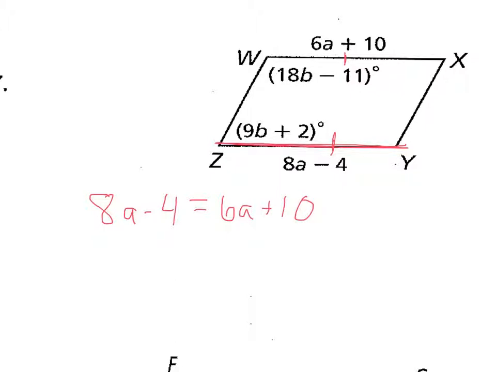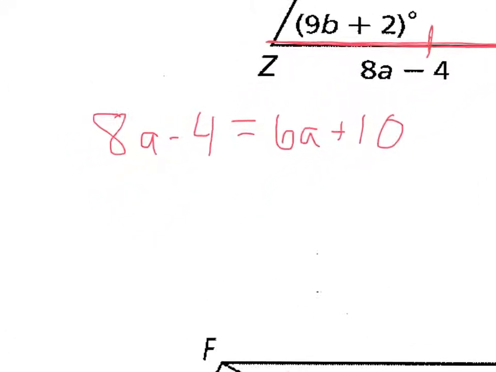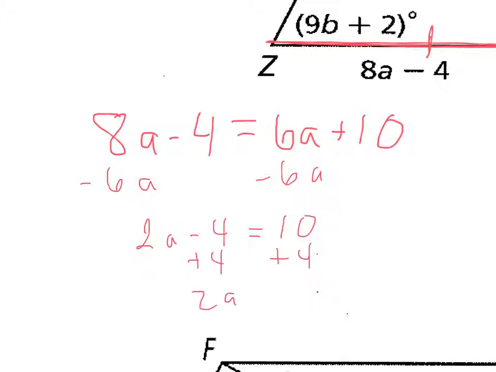Let's solve this equation with variables on both sides by subtracting 6A on both sides. That gives us 2A minus 4 equals 10. Then add 4 on both sides, and that gives us 2A equals 14.